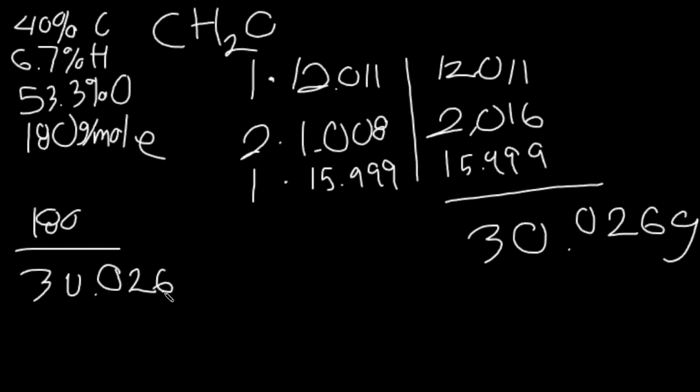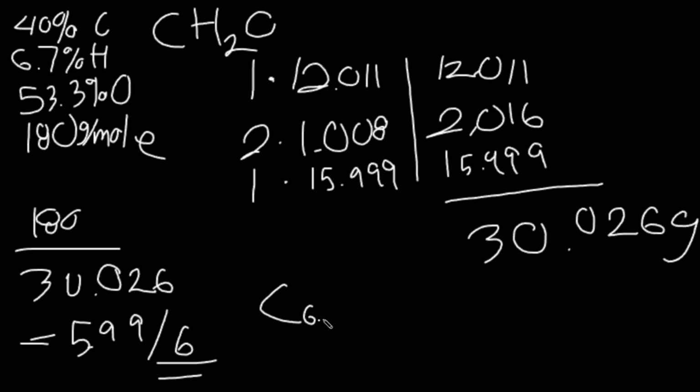We get the final answer of 5.99, or you could just round it off and it turns to 6. This is the multiplier to apply to the subscripts of the empirical formula. And that will be our final answer. The final molecular formula is C6H12O6.